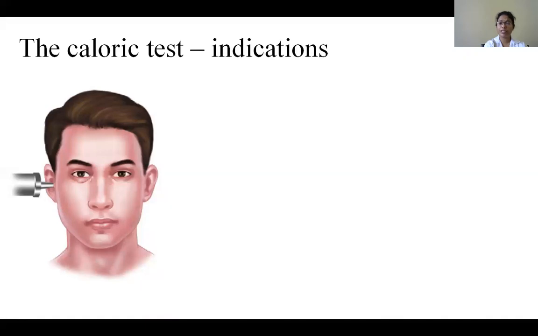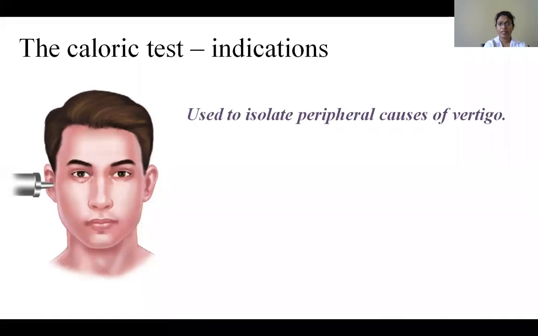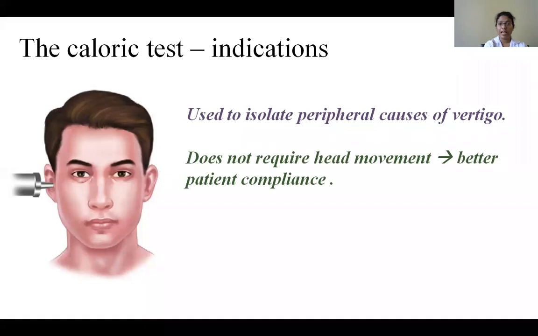So what are the indications for caloric test? First thing is to isolate whether the vertigo in the patient is because of a peripheral cause or central cause. Caloric test is good in diagnosing the peripheral causes of vertigo. As it does not require the movement of the head, we have better patient compliance.